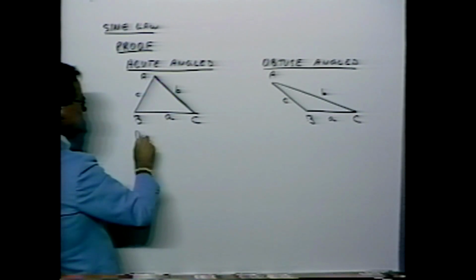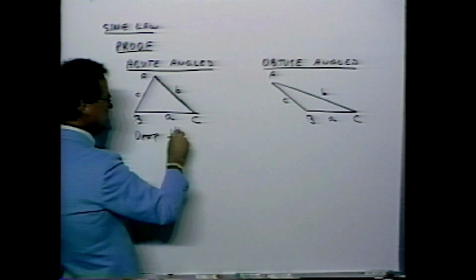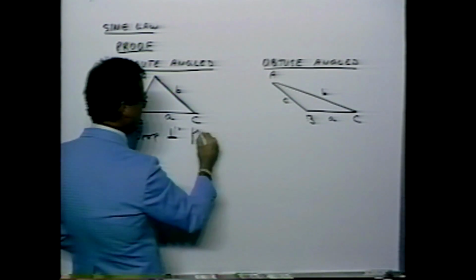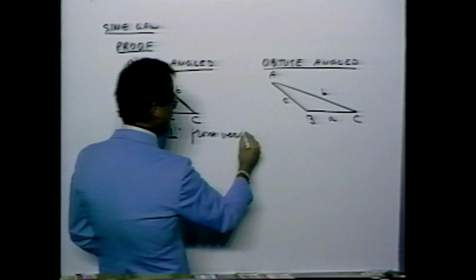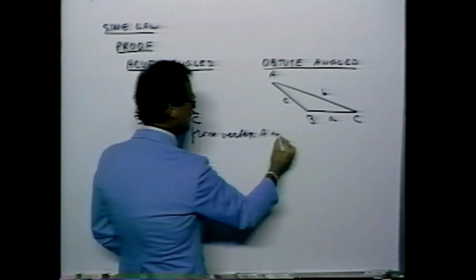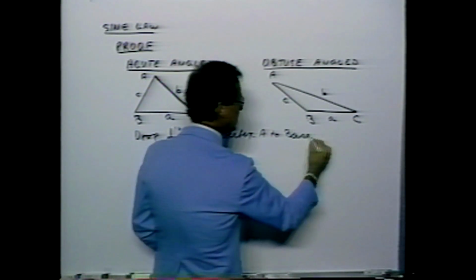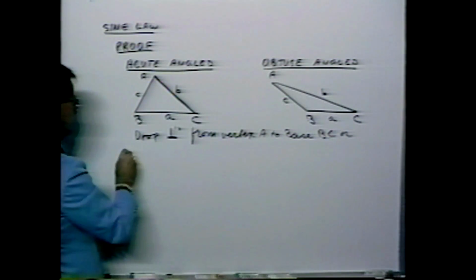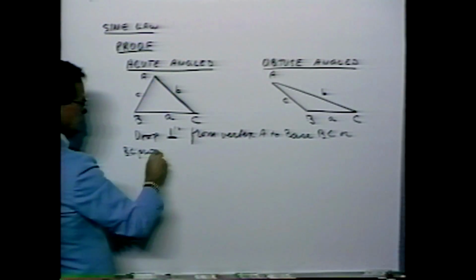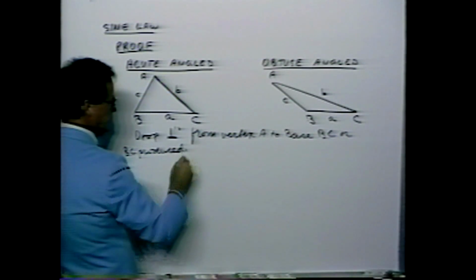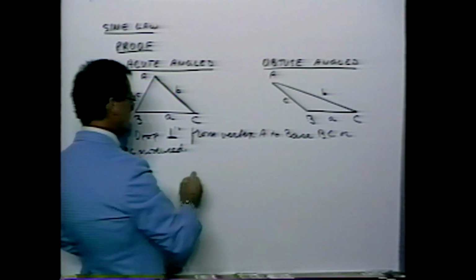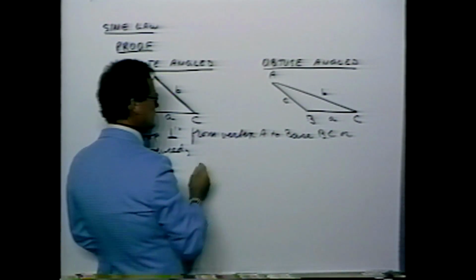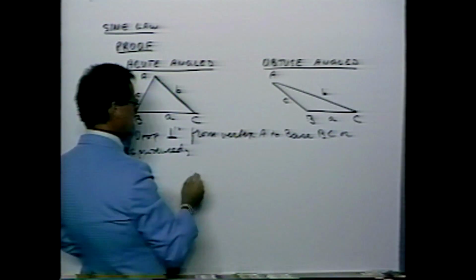The first step is to drop perpendiculars from vertex A to base BC or BC produced. And call this perpendicular h, for the height, let's say, of the triangle.